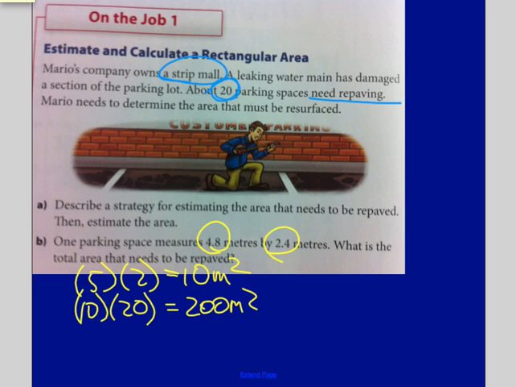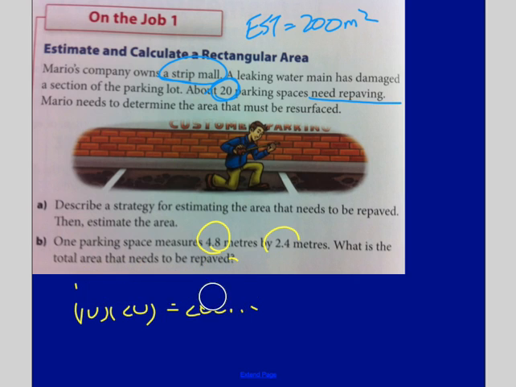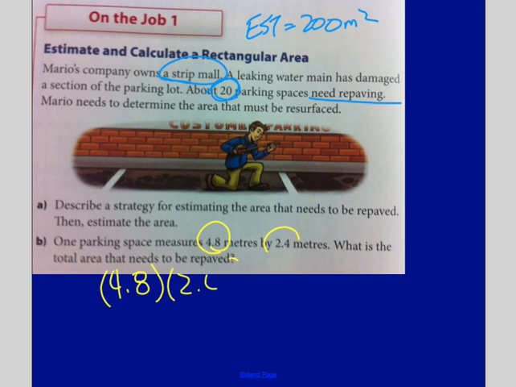I'm going to write that up here because we don't have it in the room. My estimate was 200 square meters. And let's see how close we really are. So using the exact numbers they gave us, one parking spot measures 4.8 times 2.4, which ends up being, using my calculator, 11.52 square meters.